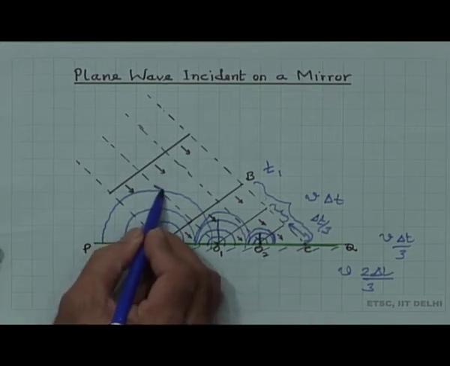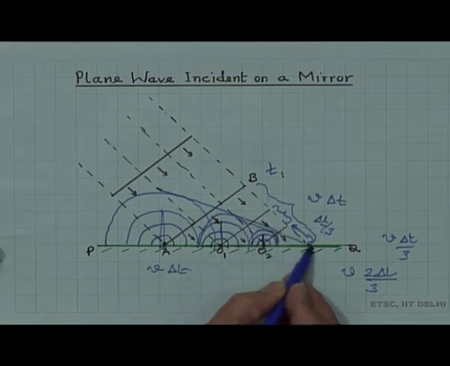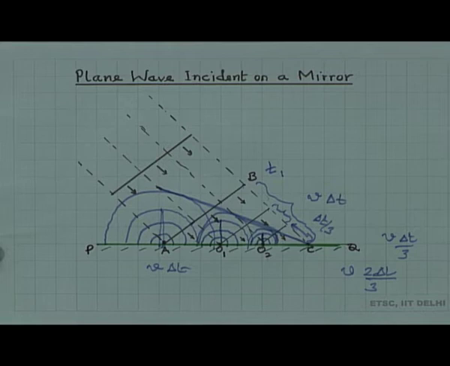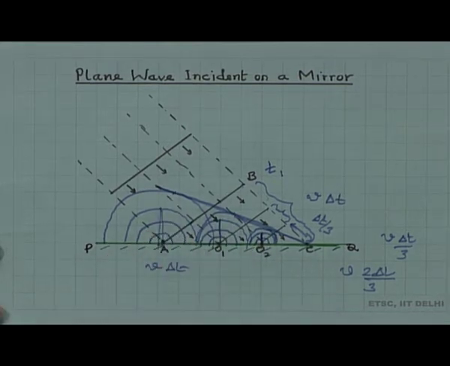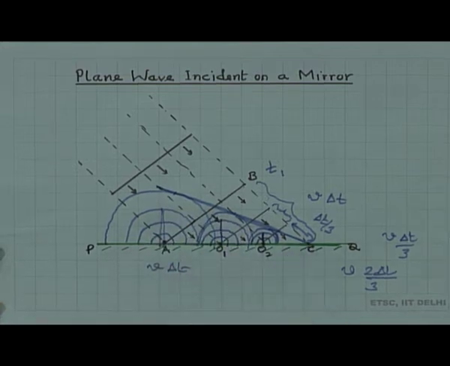So, here is the envelope, I am drawing the envelope, the tangent to all the secondary wavelets is a straight line. We can see that it is tangent here, it is tangent here, and it is tangent here. So, this will be the wavefront of the reflected wave, which is a plane wavefront.